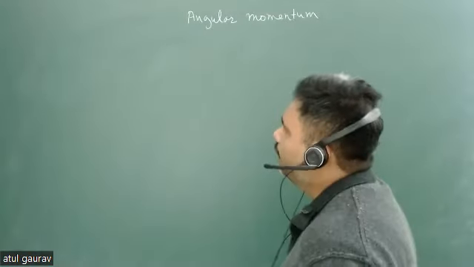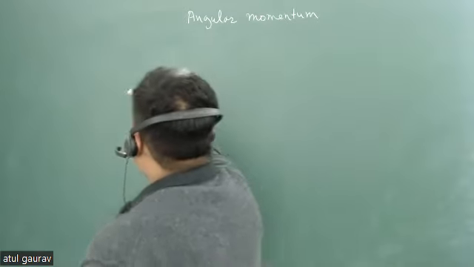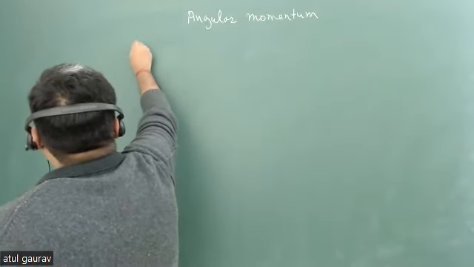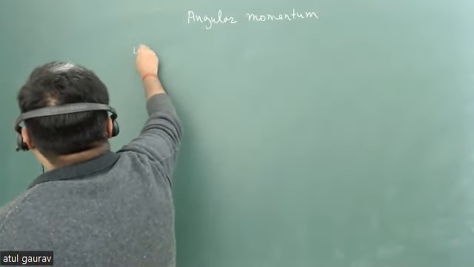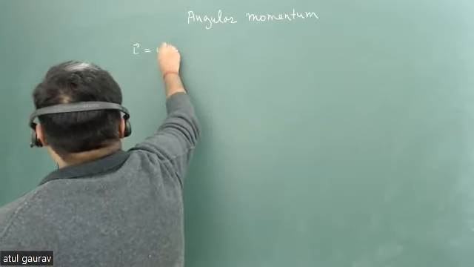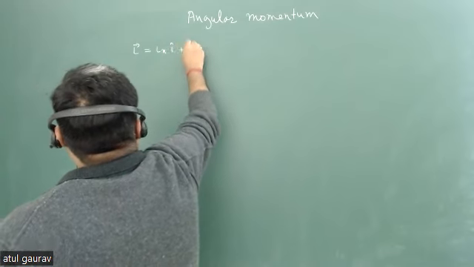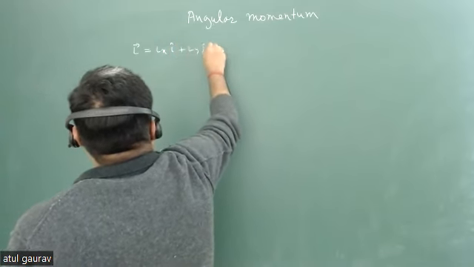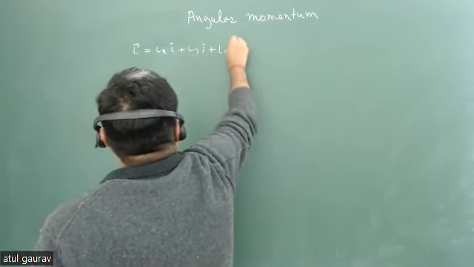So what we have done in the last class, we have seen that we have the angular momentum vector, and this vector is nothing but Lx i cap, Ly j cap, and Lz k cap.